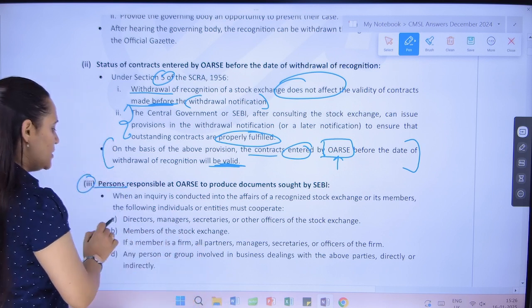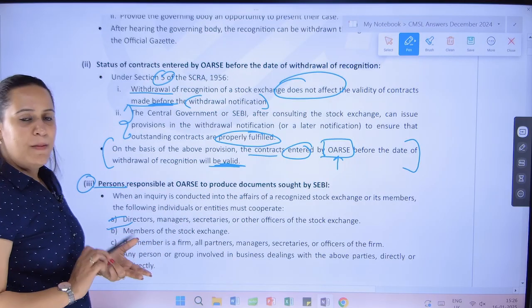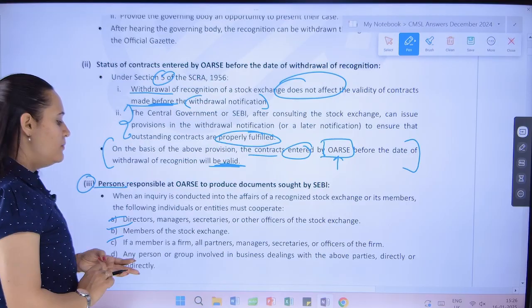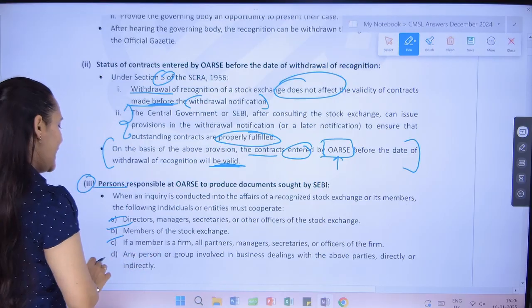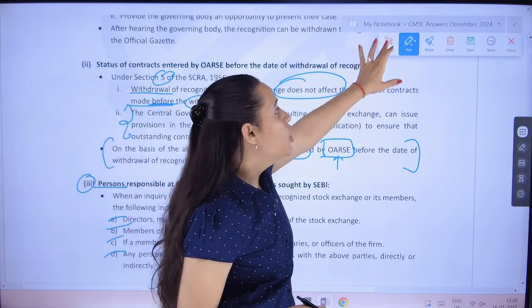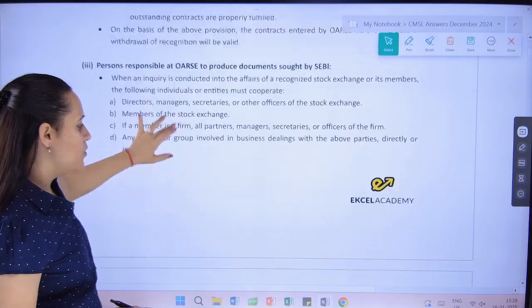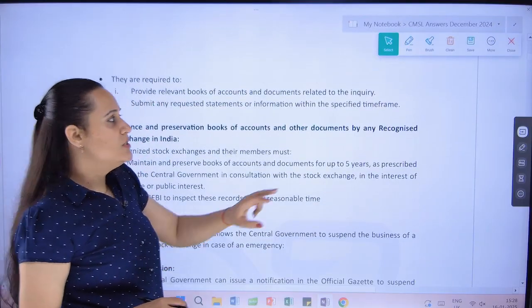So yes, any director, manager, secretary, officer, any member of the stock exchange, and if a member is a firm, all the partners or the managers of that firm, any person involved in the transactions on the stock exchange, is going to be responsible for providing the documents.